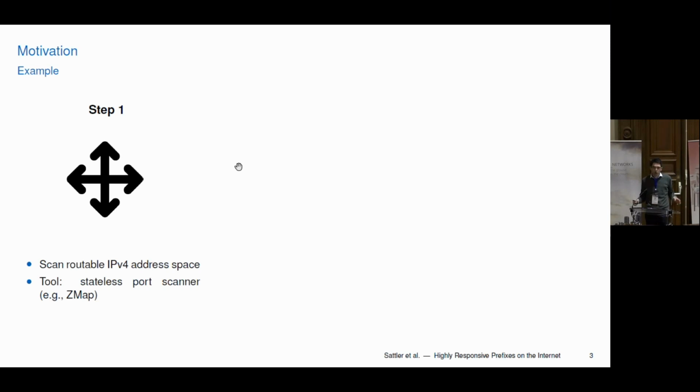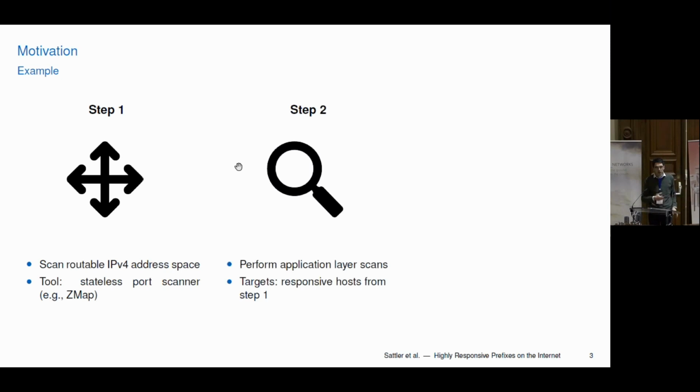So let me give you a concrete example. Usually, if we do application layer scans for research purposes, we first use a stateless port scanner like ZMap to scan the routable IPv4 address space. These scanners usually don't have a huge resource impact. On top of these results, we use our stateful, more resource-intensive application layer scans.